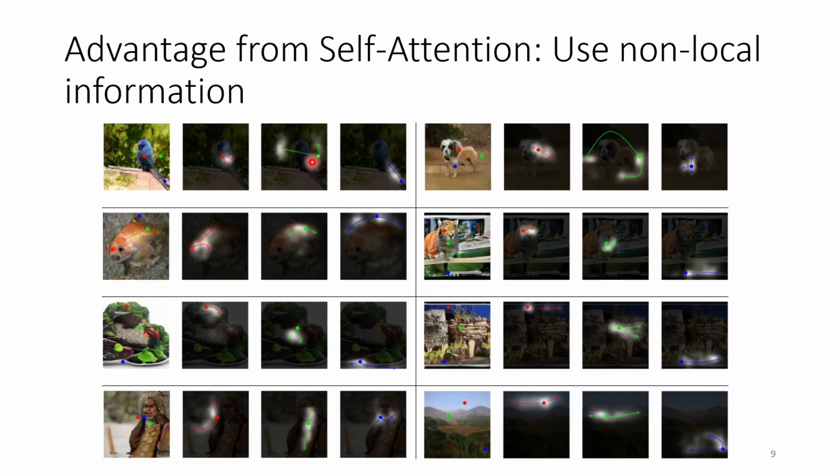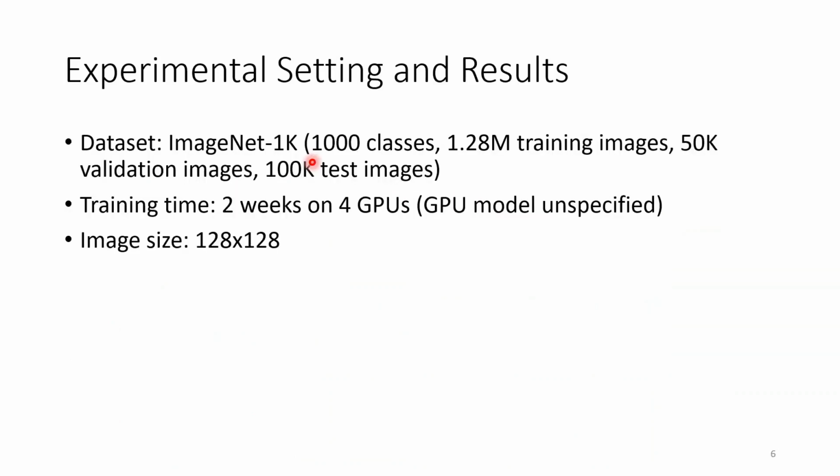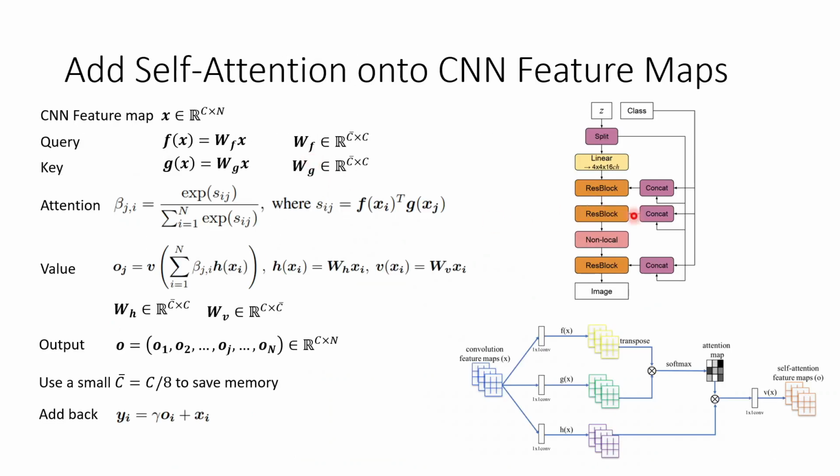So this is the improvement generated by self-attention. It means the non-local model. Okay. So this is the reason in this paper they call the block non-local rather than self-attention, because from their perspective, the meaning of self-attention is just non-local model.